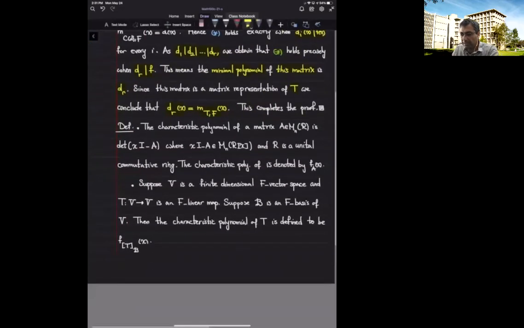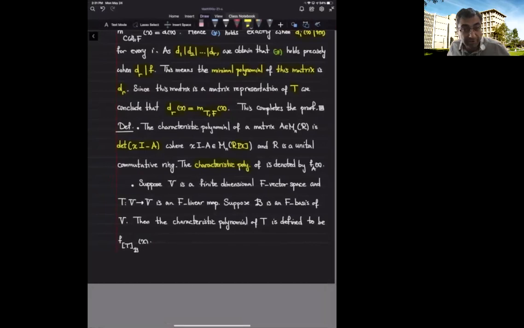Now, we have also seen what determinant is in your homework assignment. You have seen it for every arbitrary unital commutative ring. We can apply it to the ring of polynomials and define determinant of xI minus A. We end up getting an element of R[x], and we call that the characteristic polynomial of this matrix.